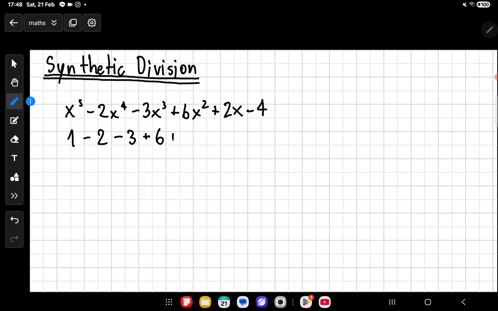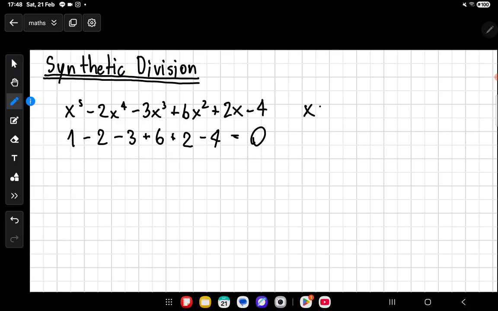Okay, and then it's plus 2 minus 4. And that would equal 0. Okay, anyway. Let's continue now that I've actually done it correctly.